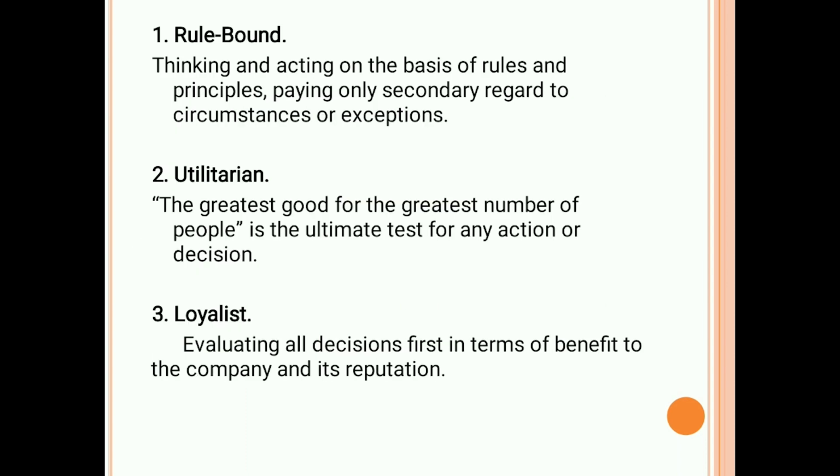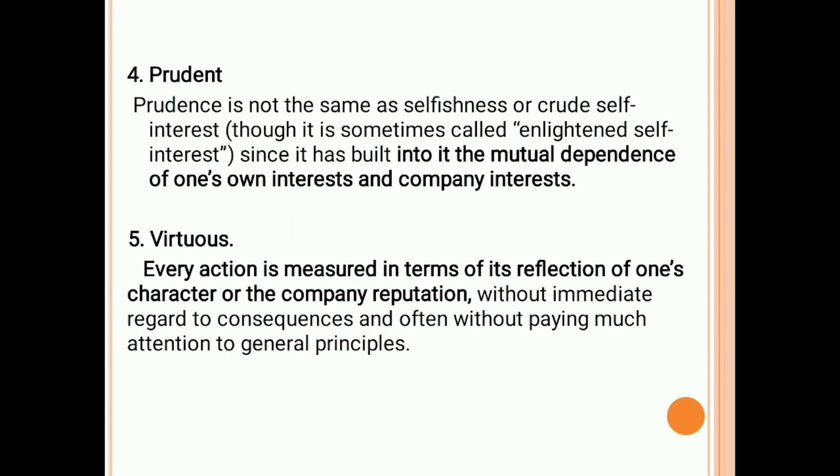The first one is rule bound. The person sticks to the rule. According to the rule, if it is right, then it's right; if it is wrong, it is wrong. The second one is utilitarianism. If the activity does good for a great number of people, then it's ethically right. Loyalistic is the company's benefit first and then the reputation.